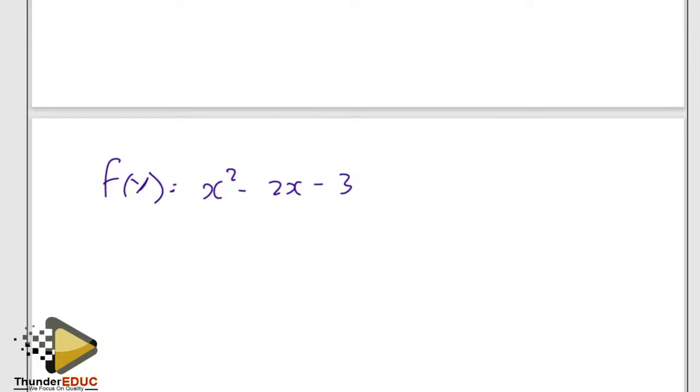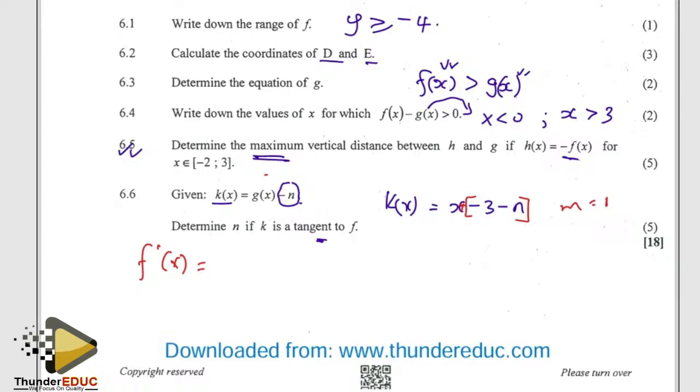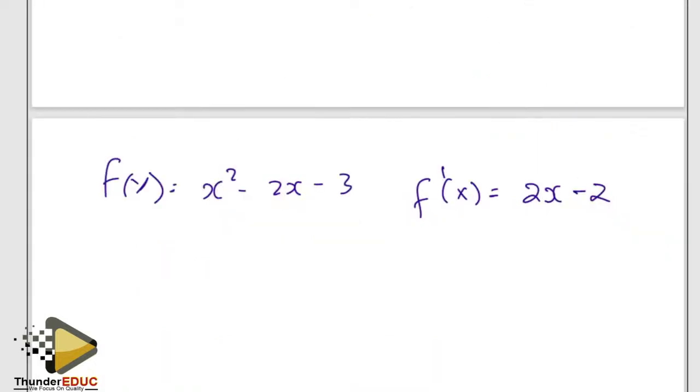So the first derivative is going to be 2x minus 2. This is the gradient formula. But now we said that the gradient is 1. So I'm going to equate this to 1 and say 2x minus 2 gives me 1. I'll move the 2 that side, which means 2x is going to be 3, and then x is going to be 3 over 2.